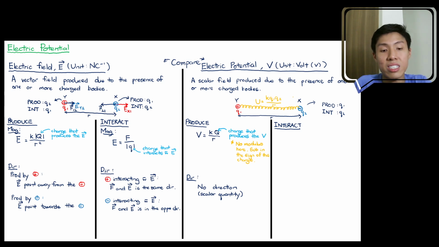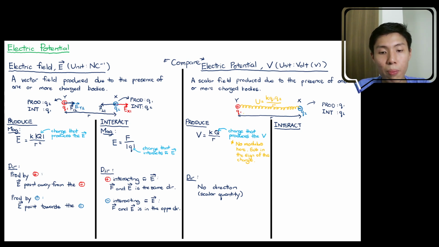This is the energy that will be possessed by Q2 and shared with Q1 because of the existence of Q2 at X. Q2 stands at X. Q2 interacts with the electric potential at X. The electric potential at X is produced by Q1. Therefore, Q1 and Q2 will share an electric potential energy, U. So the response here is the potential energy.